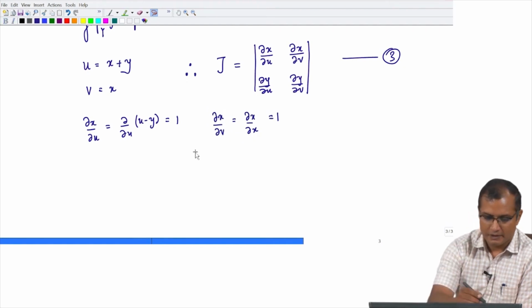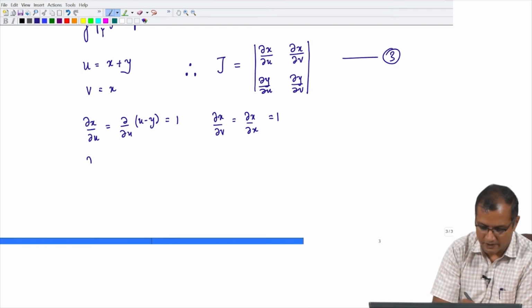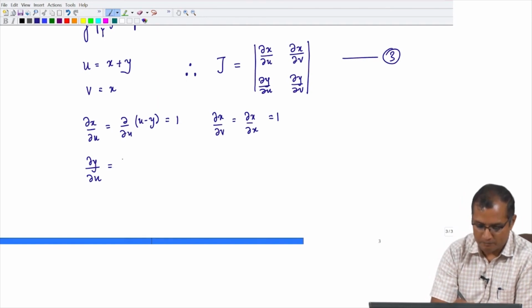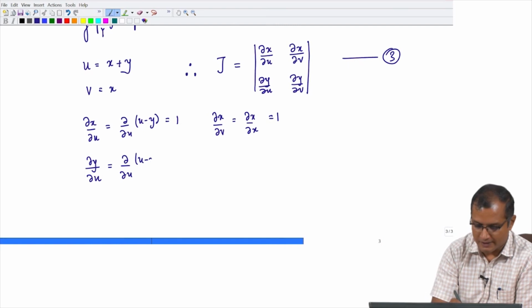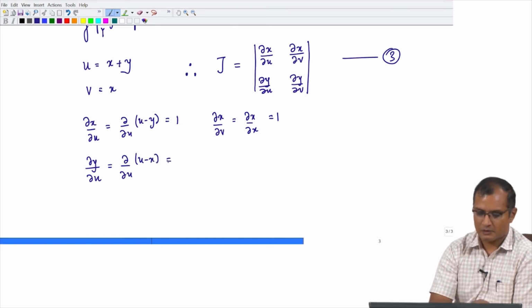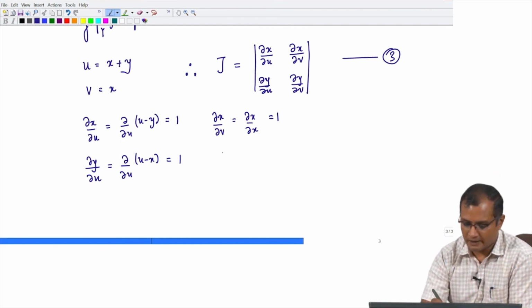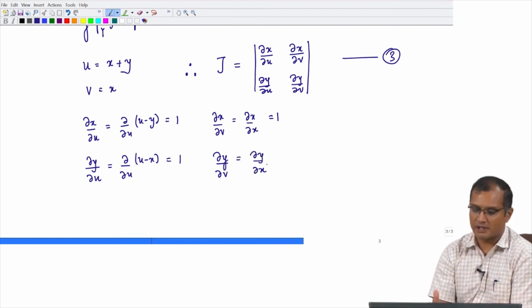Okay. So, we can write down dy over du as d by du of (u minus x), which is 1, and we can write down dy by dv, which is dy by dx, because v is equal to x.